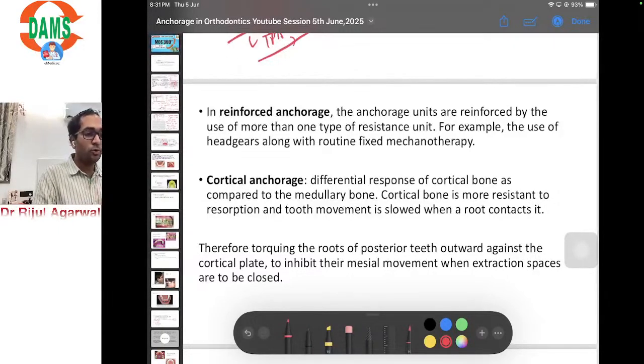So what do we need to do? We just need to torque the roots of the posterior teeth outward towards the cortical plate so as to inhibit their movement. So before starting the major tooth movement, we can torque these teeth so as to minimize the tooth movement. This is known as cortical anchorage.